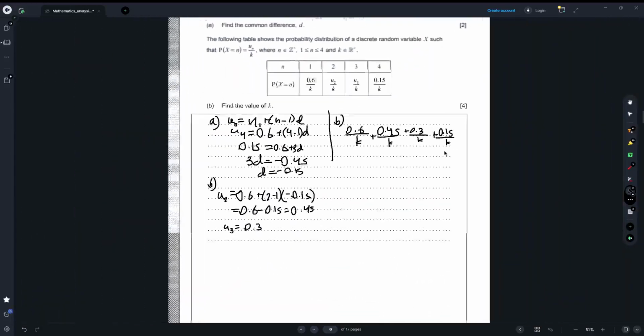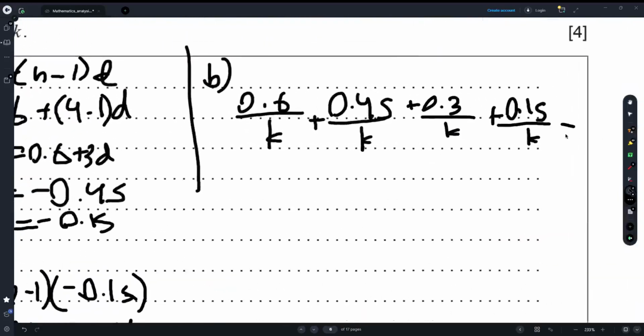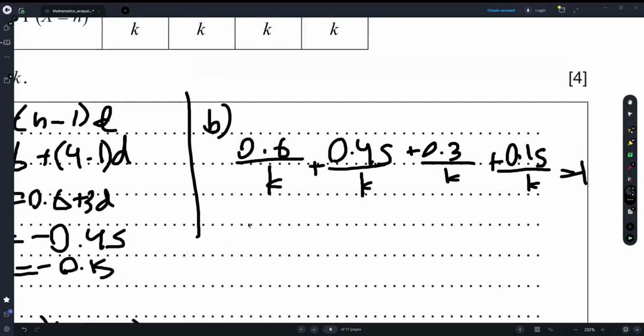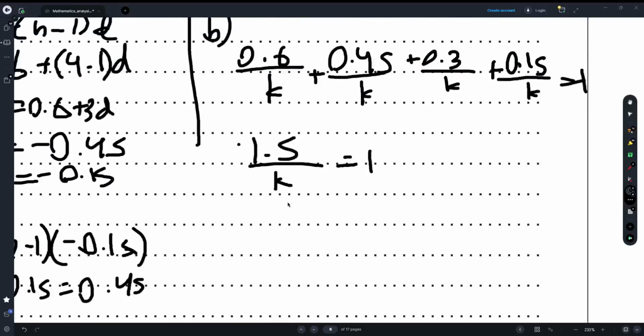This is equal to 1. So we sum these values up: 0.6 plus 0.6 is 1.2, and with the 0.45 and 0.15 we just get 1.5 over k equals 1, so k equals 1.5.